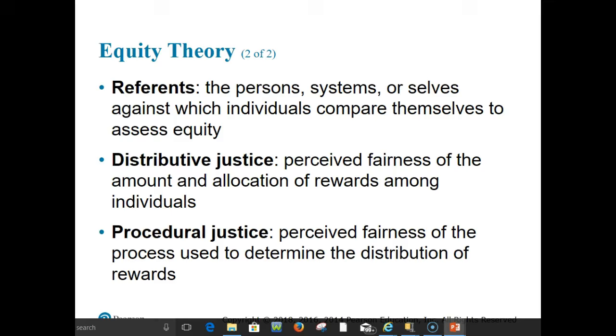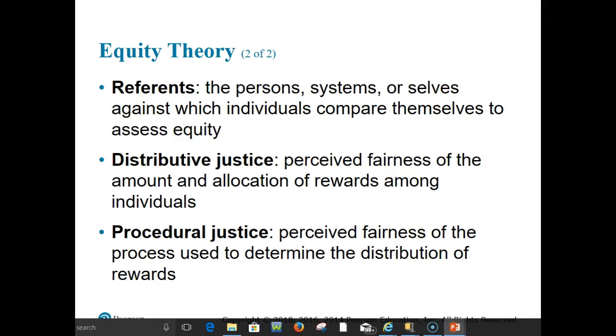More recent research has focused on procedural justice, the perceived fairness of the process used to determine the distribution of rewards. And research shows that distributive justice has a greater influence on employee satisfaction than procedural justice, while procedural justice tends to affect an employee's organizational commitment, trust in his or her boss, and intention to quit.